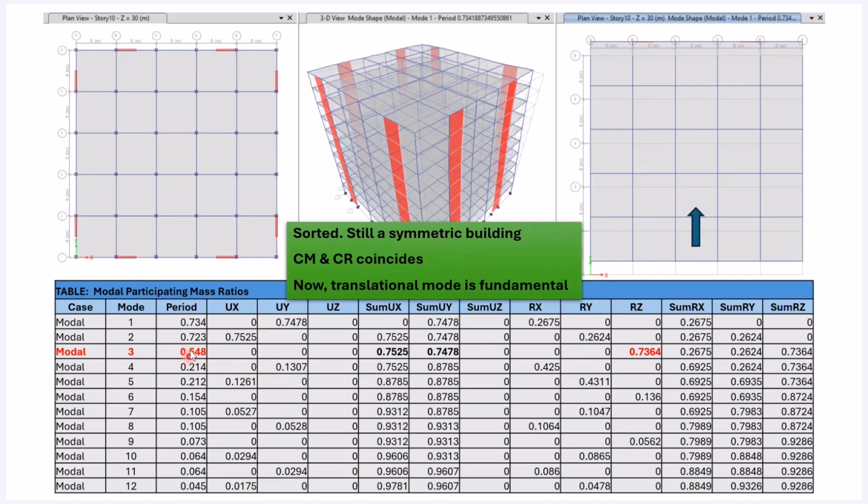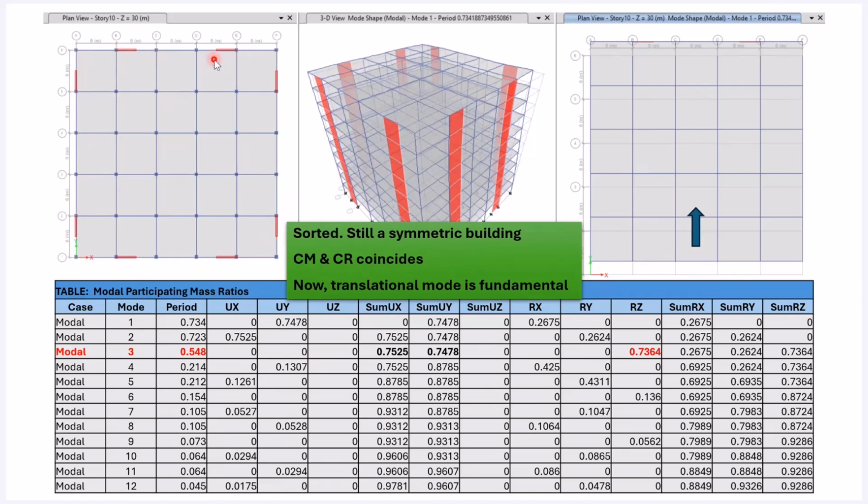Here it is. Now, if you would have noticed one thing, I've kept the symmetry. If you see the symmetry, about X and about Y both are symmetric. That's why CM and CR coincide. But here I place the wall in the second span of this frame. Here in the first, right? For the X direction, it is in the last span.